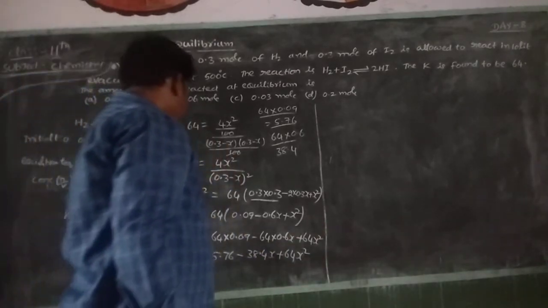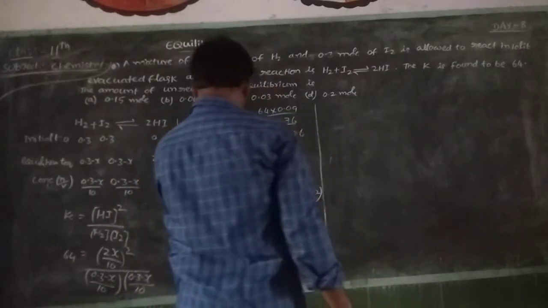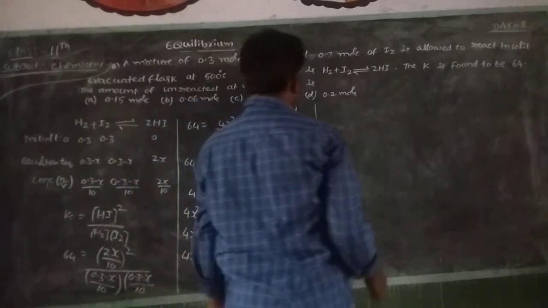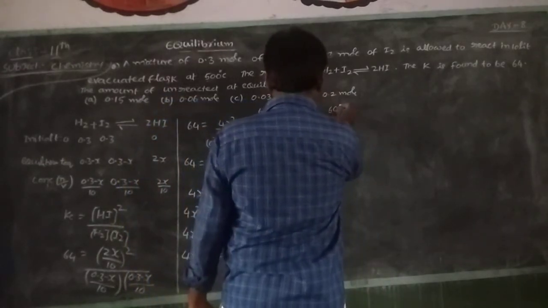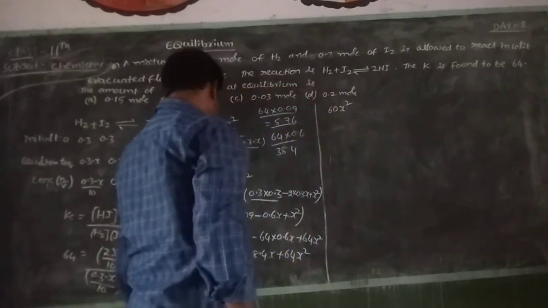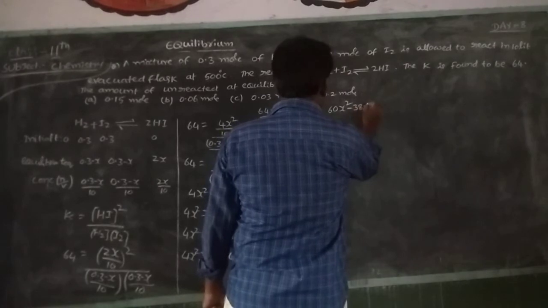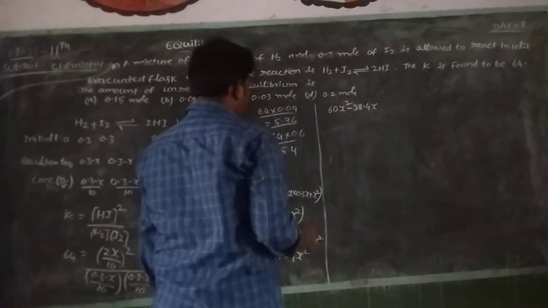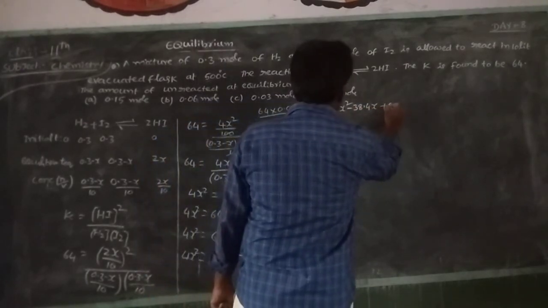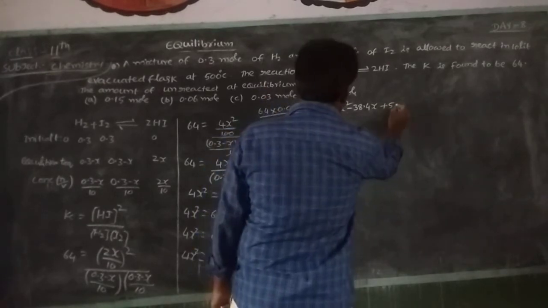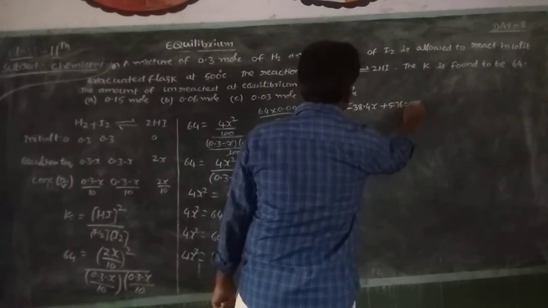Listen, then 64 minus this 4x square outside means 60x square, first x square you have to write it, minus 38.4x plus 5.76 is equal to 0.